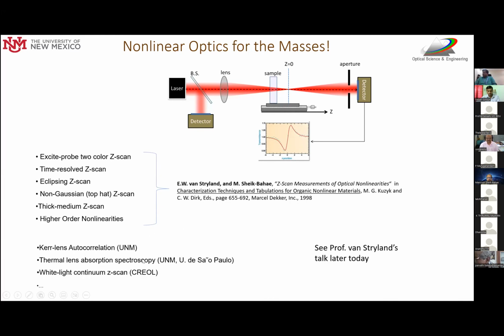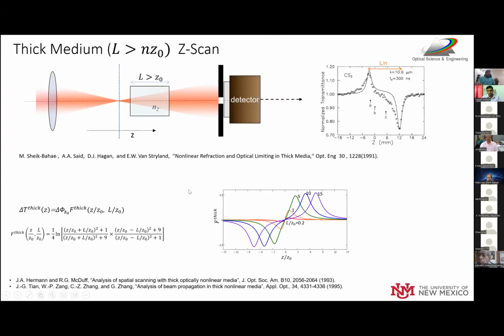Also, lately, there is Kerr-lens autocorrelation, thermal lens absorption spectroscopy, white light continuum Z-scan, and so forth. Again, I'm just mentioning what I would call early days; unfortunately, I have not caught up with the literature myself.